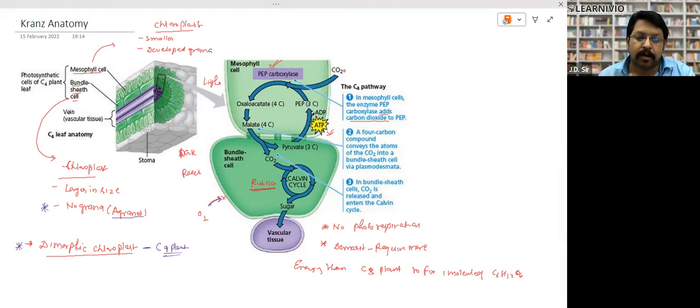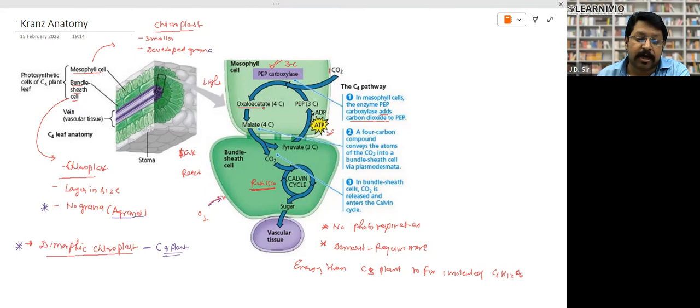Look, carbon dioxide comes into the mesophyll cell. There is an enzyme, PEP carboxylase, phosphoenolpyruvate carboxylase. PEP carboxylase combines with carbon dioxide. PEP is a 3 carbon compound. And when it combines with one more carbon, it makes a 4 carbon compound.